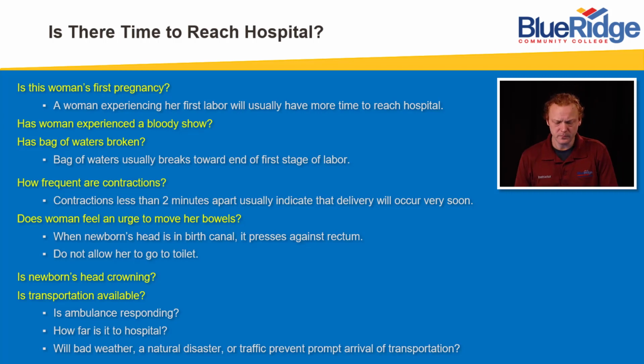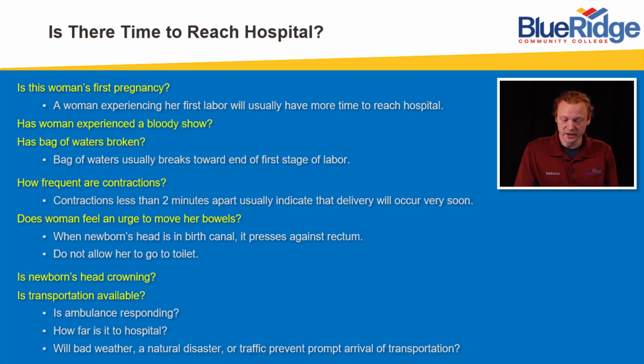Another question is, how frequent are the contractions? If contractions are more than 5 minutes apart, you can usually transport the woman to the hospital. This is a good indicator that you still have some time. Contractions less than 2 minutes apart usually indicate that delivery will occur very soon or is pretty much imminent. Does the woman have the urge to have a bowel movement?